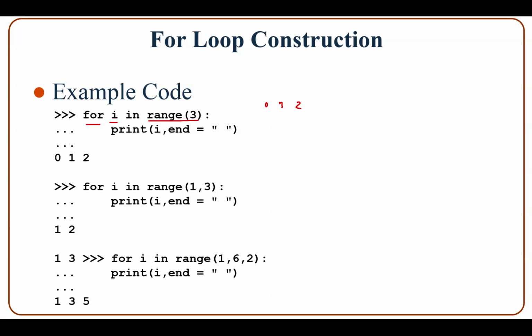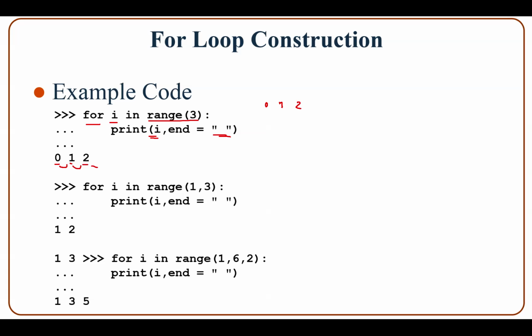For example, if you give it n, then the last number would be n minus 1, and the result is a list. So here you loop for each element in the list and print the element, and after the print command is executed, you print a space. So here you can see 0 and then a space, 1 and a space, and 2 and a space.